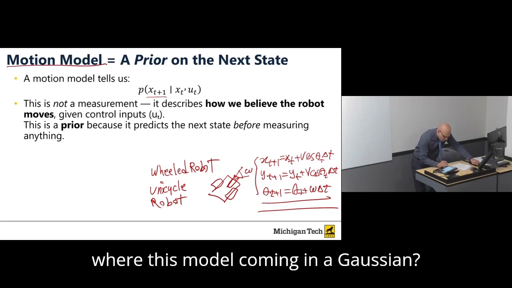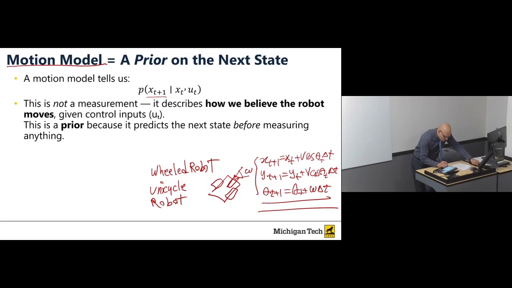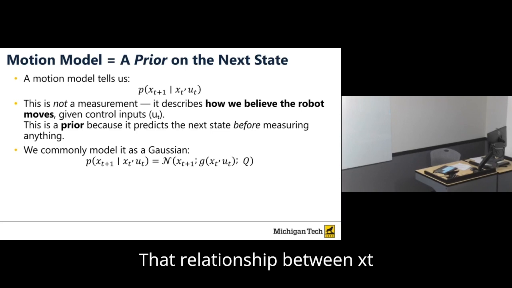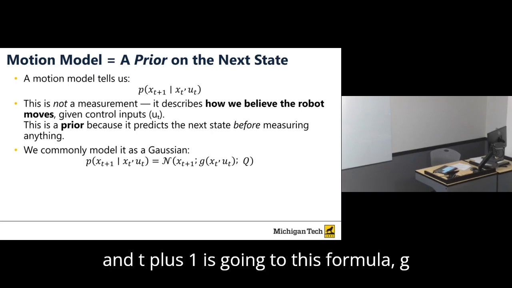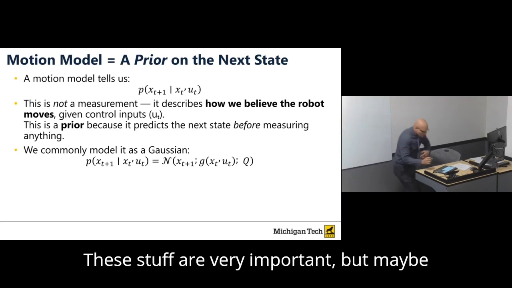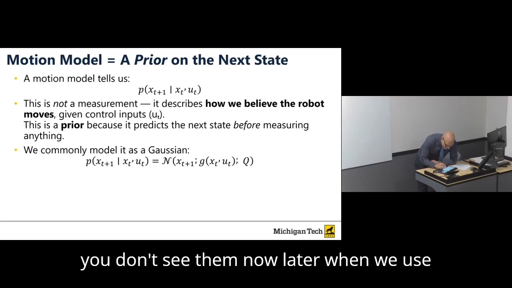And where this model comes in as Gaussian, I cleaned up here. The relationship between xt and xt plus 1 goes into this formula, g of xt and ut. These things are very important, but maybe you don't see that now.